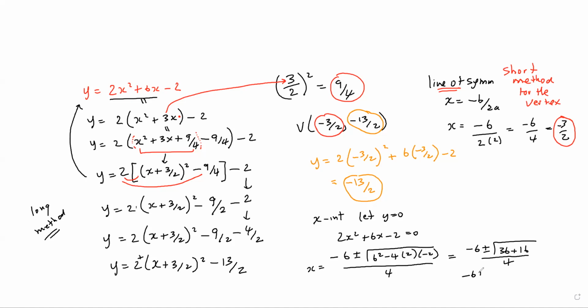So minus 6 plus or minus the root 52 on 4. And you can simplify that yourself. But these would be the x-intercepts. That's how you get the x-intercept. That's one way with your quadratic formula.